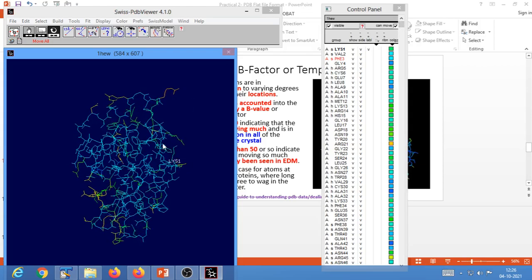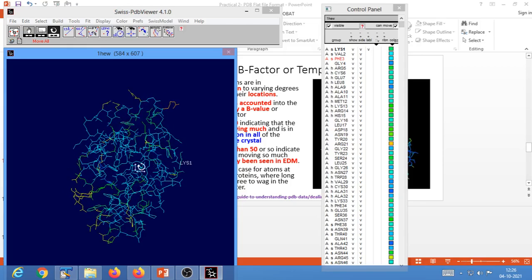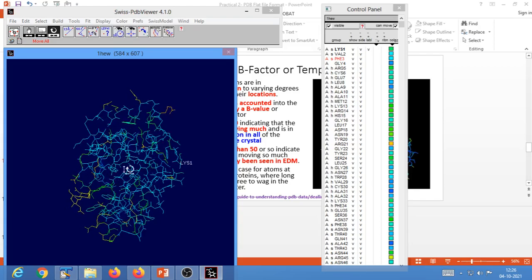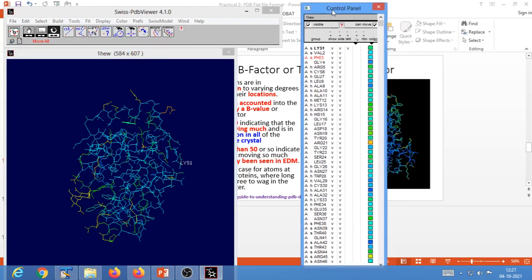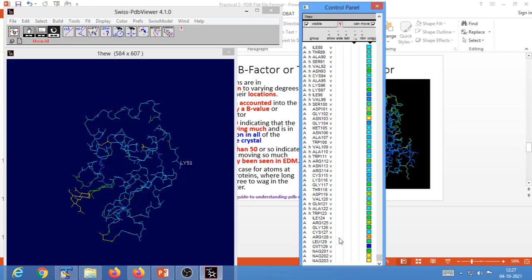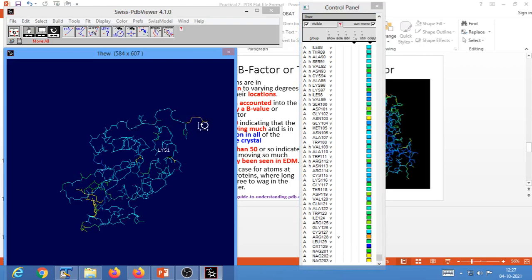Okay, so now as you can see, the atoms that are present in the core of the protein are in the shade of blue, while the atoms that are present on the surface of your protein are moving towards the shade of red. Okay, and the same is reflected over here in your control panel. Okay, so now this Arginine 128 appears to have one of the highest B factors.